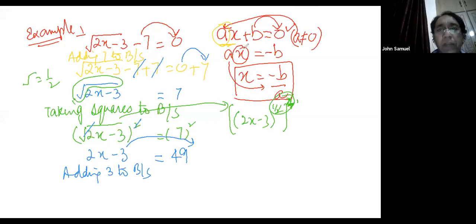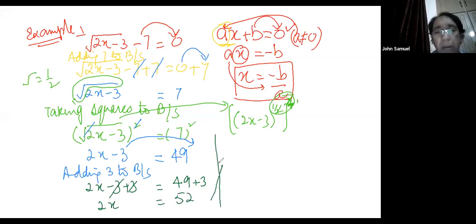So further we can do it like this: 2x minus 3 plus 3 is equal to 49 plus 3. Cancel here, and 2x is equal to 52.